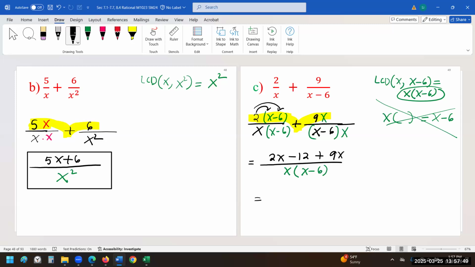And then do you see any like terms on the numerator? 2x and 9x, how many do you get? 11x minus 12. Can you factor out anything from the numerator? No. So you're done.